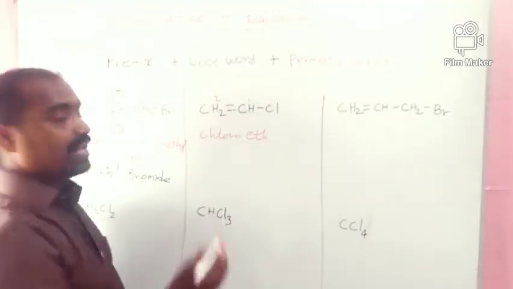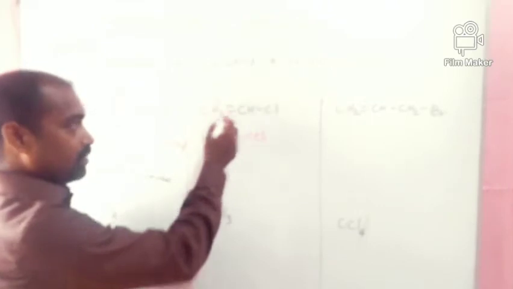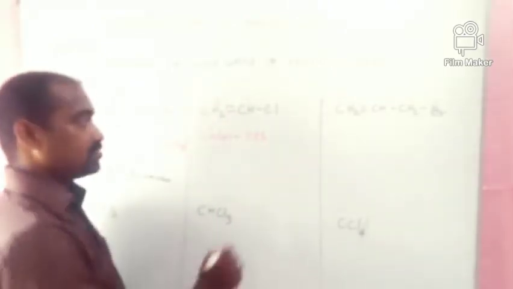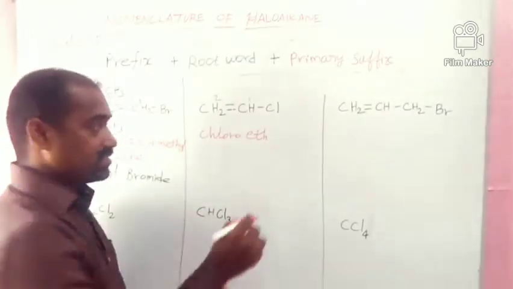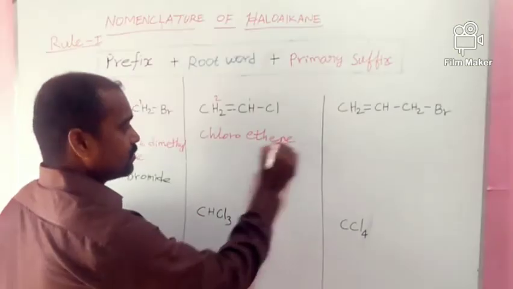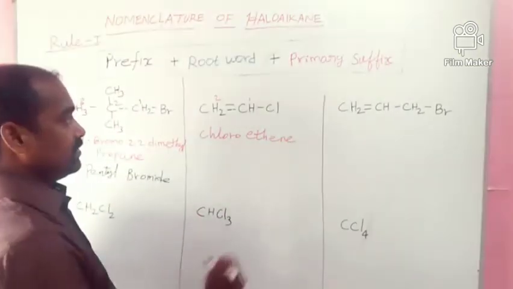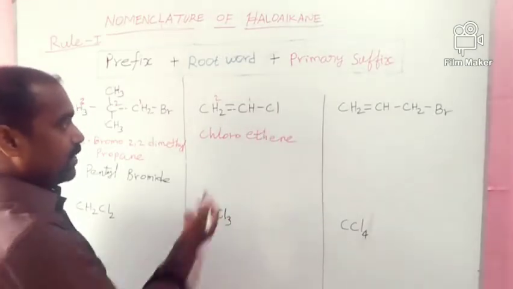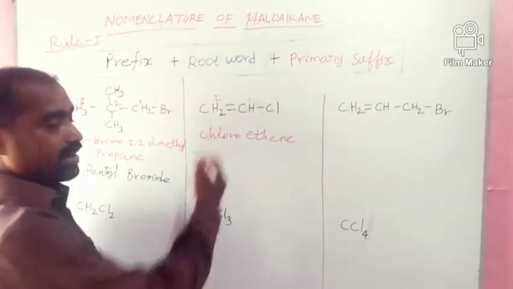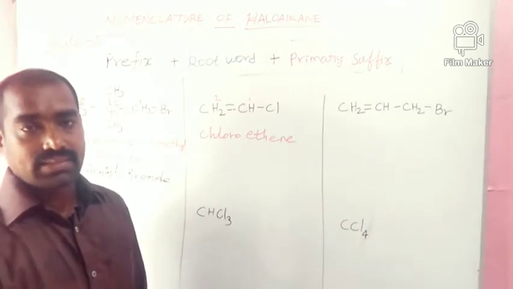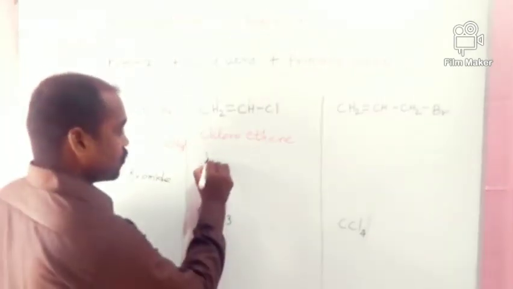Is this alkane, alkene or alkyne? We know that a double bond is present. It is an alkene, so the primary suffix is ene. Chloroethene. And this common name, what is that? The chlorine directly attached to the double-bonded carbon is a vinyl. Vinyl chloride.